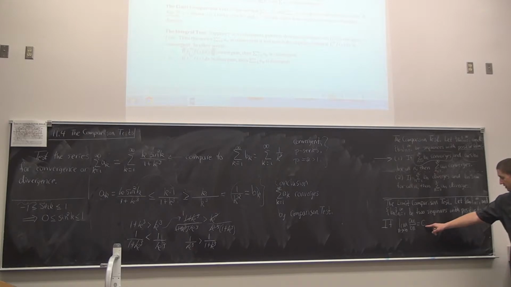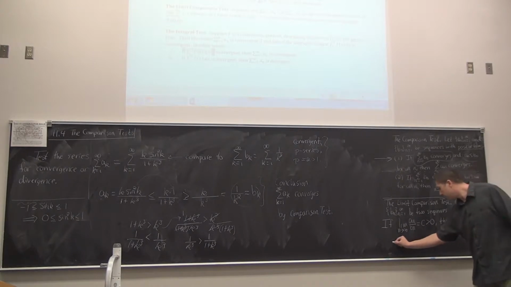It has to be a real number c, and that real number c has to be bigger than 0. So if the limit comes out to exactly 0 itself, then just like the test for divergence, the whole test fails and no conclusion can be drawn. But if you form this ratio, a sub n divided by b sub n, take the limit, and it's some positive value, then we have the following conclusion.